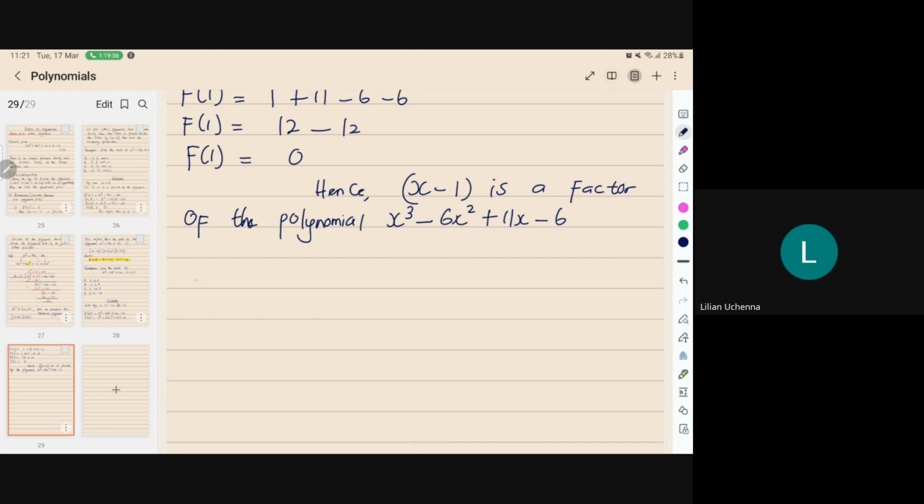So now we're going to divide, right? We divide the polynomial by x minus 1 to get other factors.